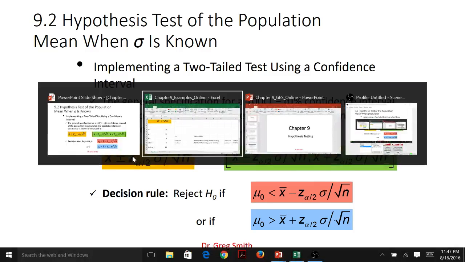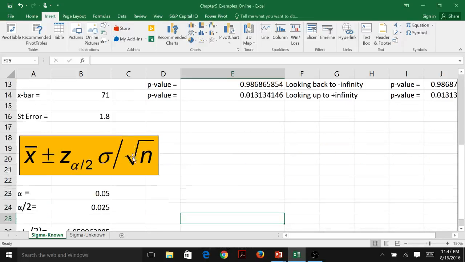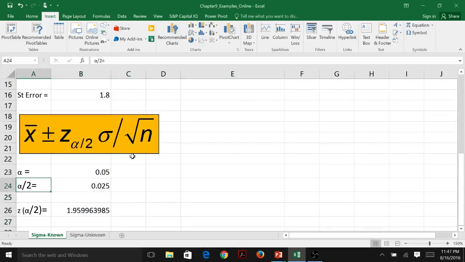Let's take a quick look at this one. What if I use this idea and set alpha to 5%? Well, since I'd have 5% total, I'd have a lower 2.5% and an upper 2.5%. This number should look really familiar to you, 1.96. What that is, it's where the poles are for lower and upper, negative 1.96 and positive 1.96.